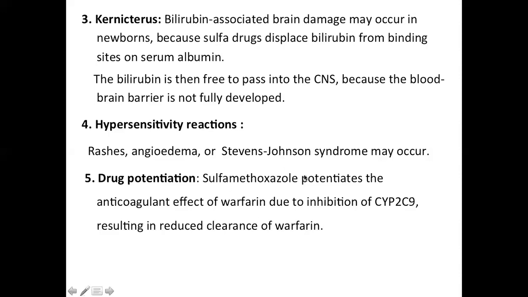Because sulfamethoxazole acts as an enzyme inhibitor, and it inhibits those isozymes which are responsible for the metabolism of warfarin. So in this way, the concentration of warfarin will be increased in the serum, and the pharmacological action or the toxic effects of the drug will be potentiated. In this case, warfarin produces anticoagulant effects, so it might lead to bleeding and hemorrhage.